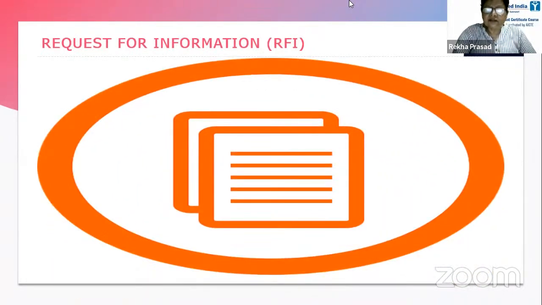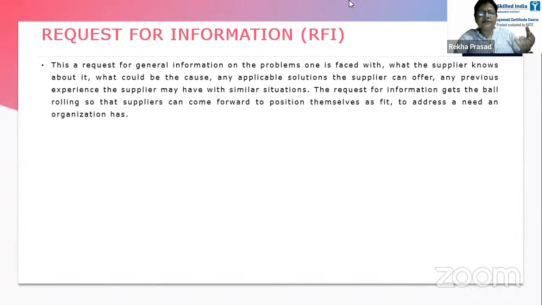Request for information. So this is a request, the idea, the everything, the written document. Request for information. This is a request for general information on the problem one is faced with. Suppose it is very hot and you want to supply something which is nice and cool to your employees. And for that, you need a supplier.